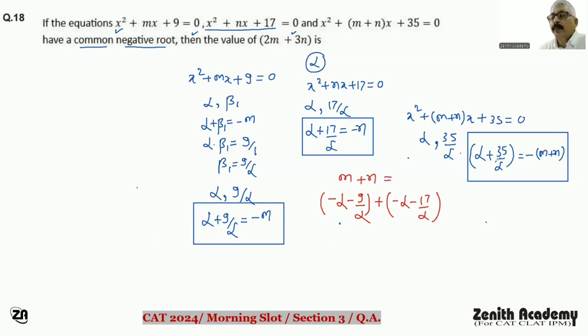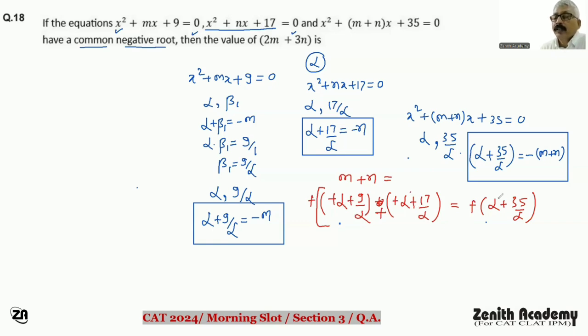From here it is m plus n. M plus n is what? This is going to be minus alpha plus 35 by alpha. So when you take minus common, take minus here, plus, plus, take minus here as well, and these minus minus all become plus. Okay.